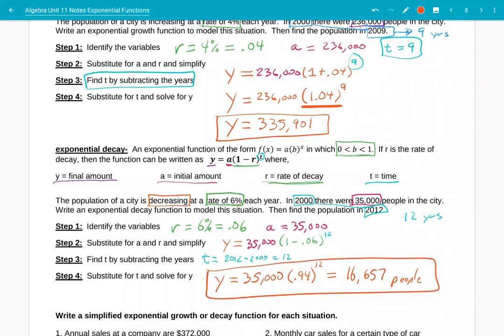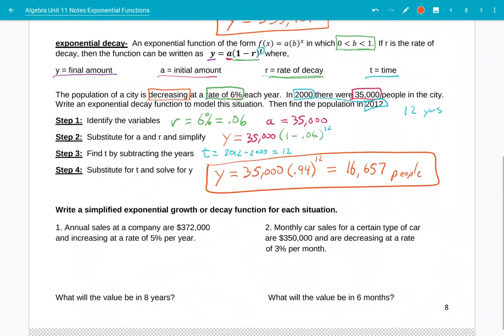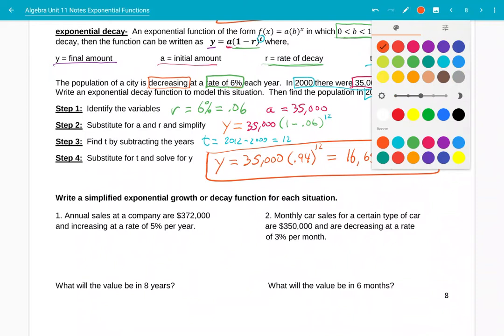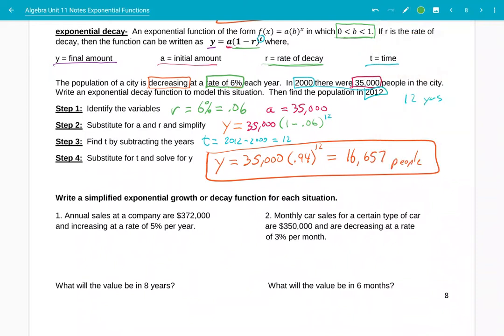There we go. All right, so now we're just going to write the function for each situation. So let's see if we can do that. I'm sure we can. Annual sales at a company are $372,000 and increasing at a rate of 5% per year. So there's your rate.